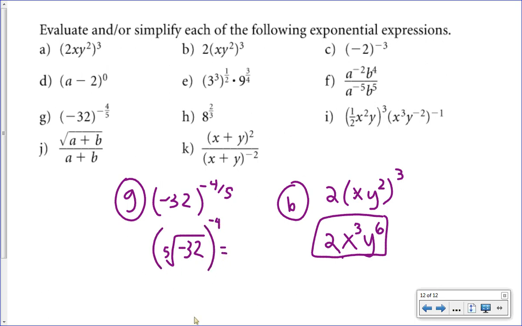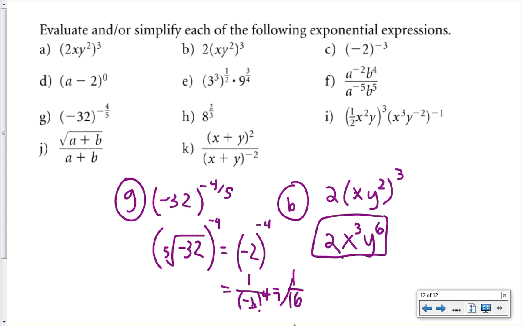Well, we don't like seeing negatives under roots, but it's okay if it's an odd root. So this ends up being -2 on the inside of the parentheses. And being raised to the -4th power is like 1 over -2 to the regular 4th power. And -2 to the 4th power is 16. So this ends up being 1 over 16.